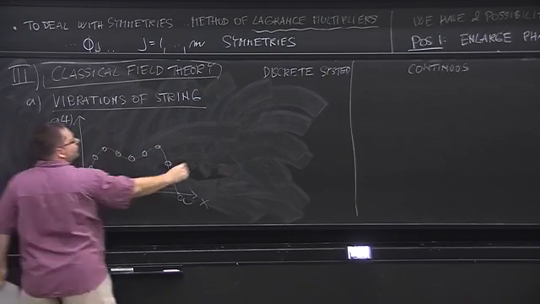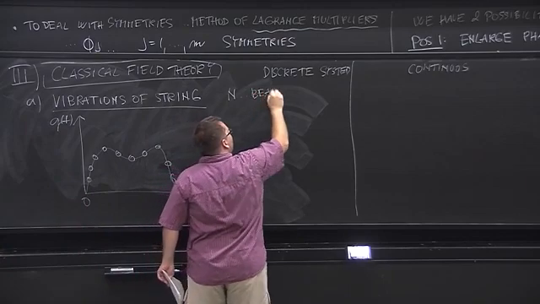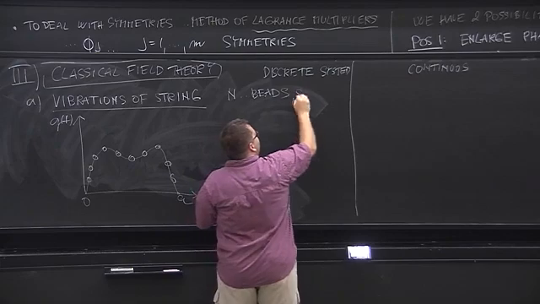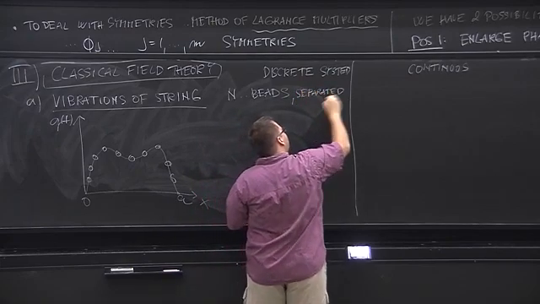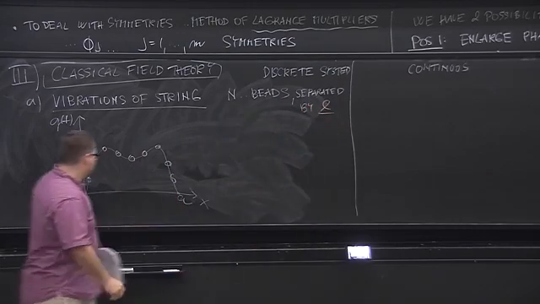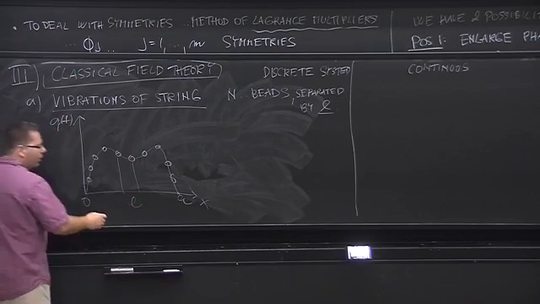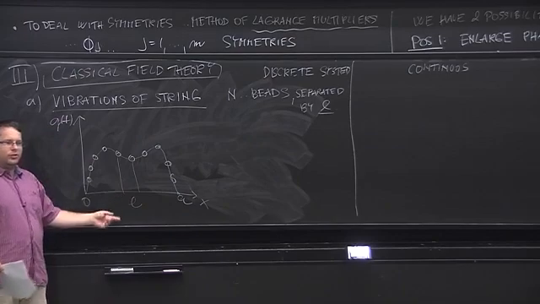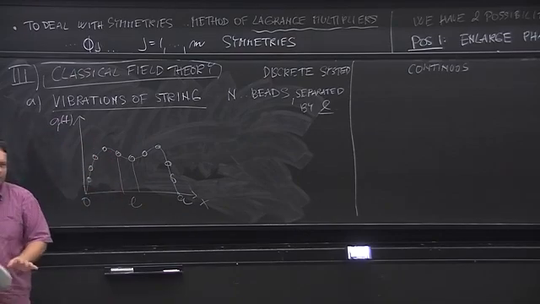So I have n beads, and they are separated by distance L in the x direction, meaning that this is my distance L. The string only vibrates in this direction, so this distance L is not changing. So it vibrates like that. It's a transverse vibration of a string.